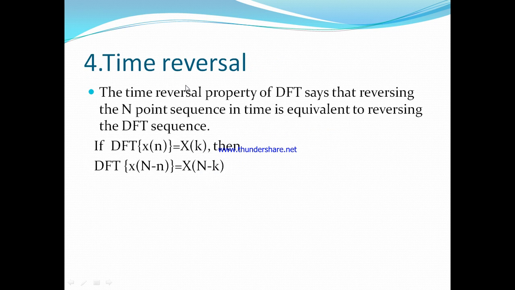Next one, time reversal. The time reversal property of the DFT says that reversing the N-point sequence in time is equivalent to reversing the DFT sequence. So here the DFT of x of n equals X of k, and x of N minus n corresponds to X of N minus k.